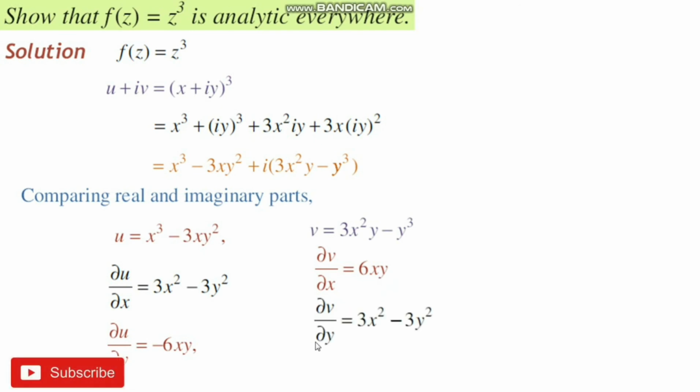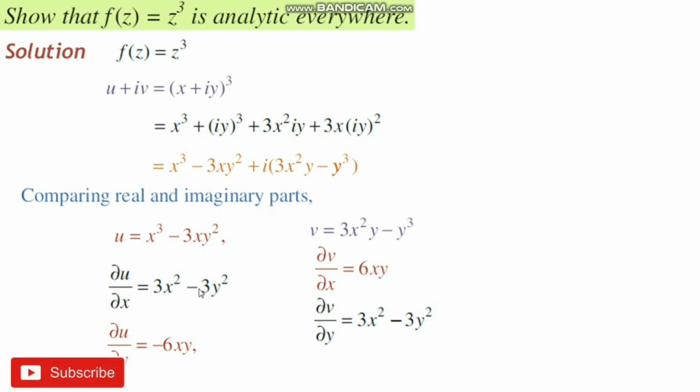Dou v by dou y: the first and second terms contain the variable y. We have 3x square constant, y derivative with respect to y is 1, so it is 3x square, negative y cube derivative with respect to y, 3y square.